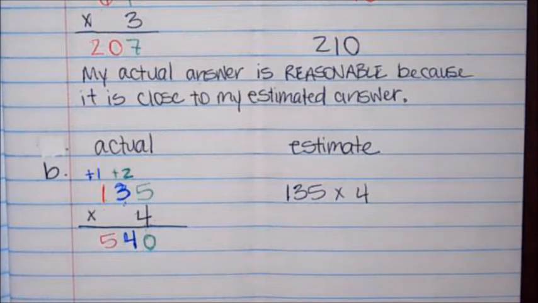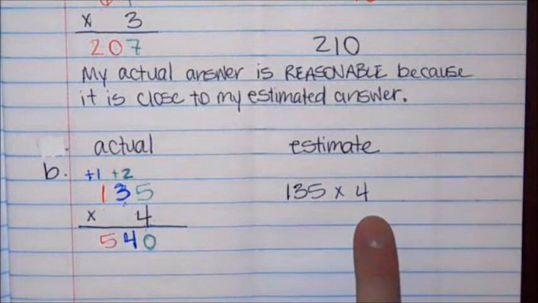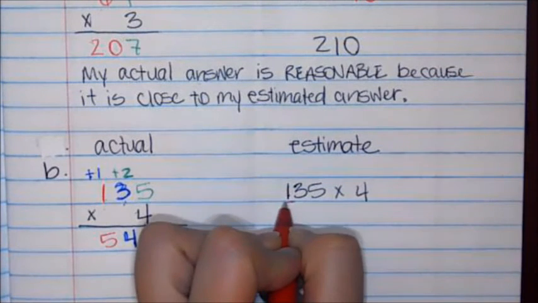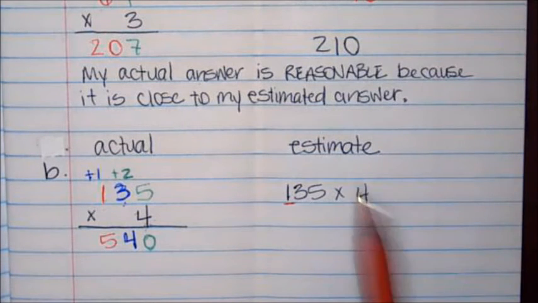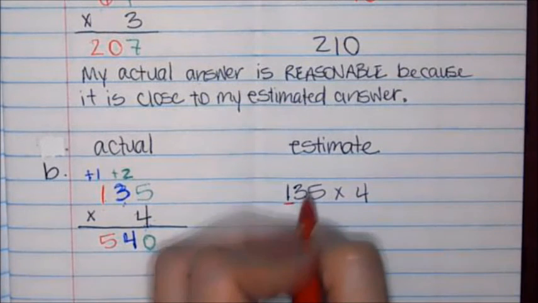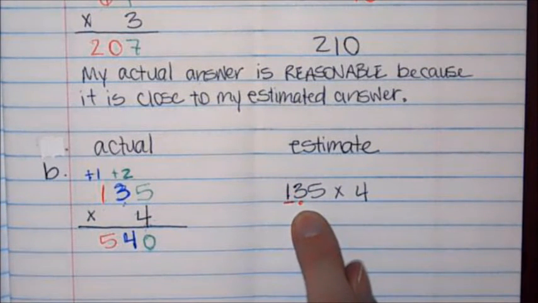Let's check. Let's do an estimate. So I see 135 times 4. I am choosing to estimate to the nearest 100, the highest place value. So I will round it to the nearest 100. I found my place and I look next door. Is this digit next door 5 or greater? It is not.